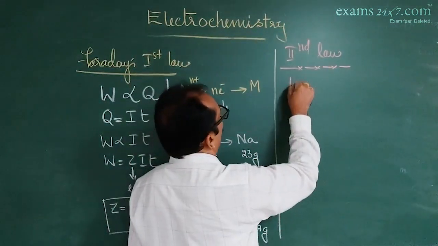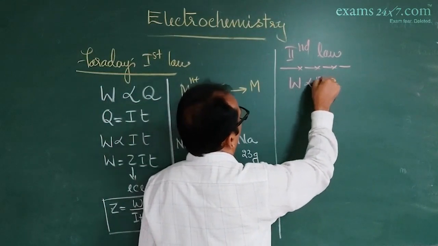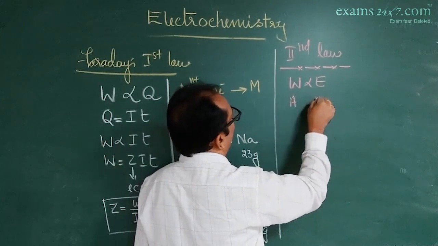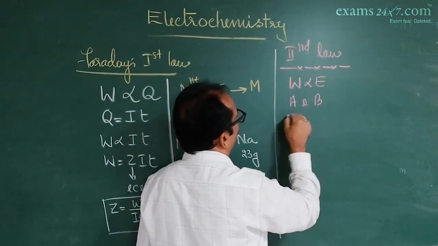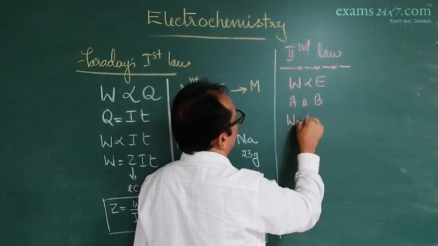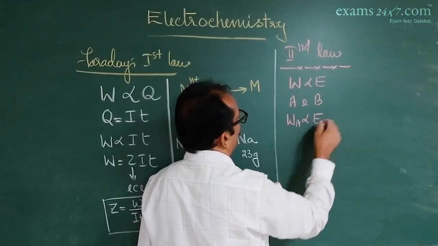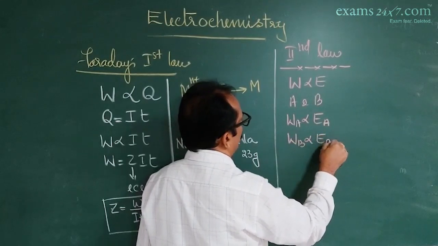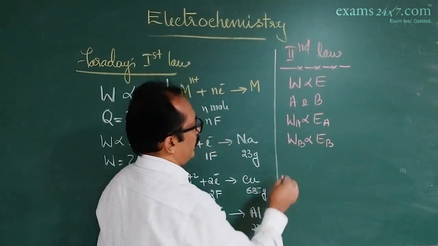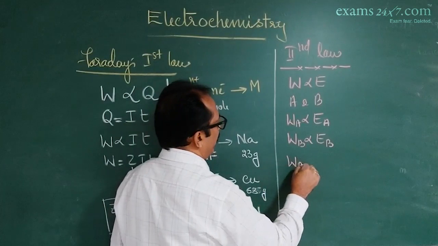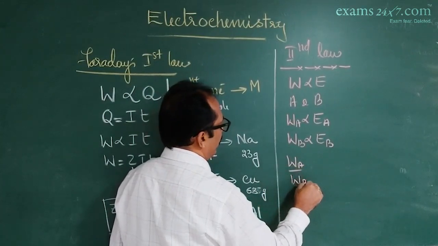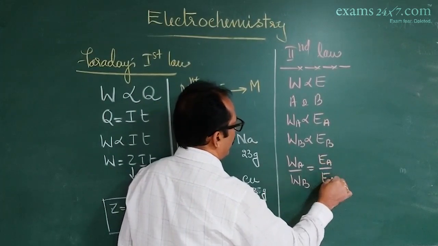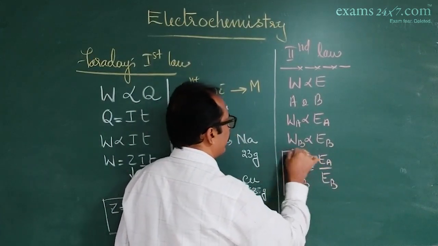So according to the second law, W is proportional to E. Now, consider two electrolytes A and B. Mass of A deposited is directly proportional to the equivalent mass of A, and mass of B deposited is directly proportional to the equivalent mass of B. So the mass of A deposited divided by the mass of B deposited equals the equivalent mass of A divided by the equivalent mass of B.